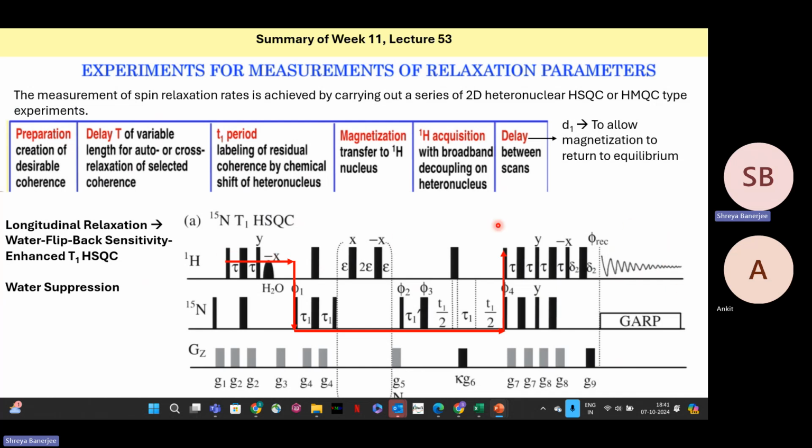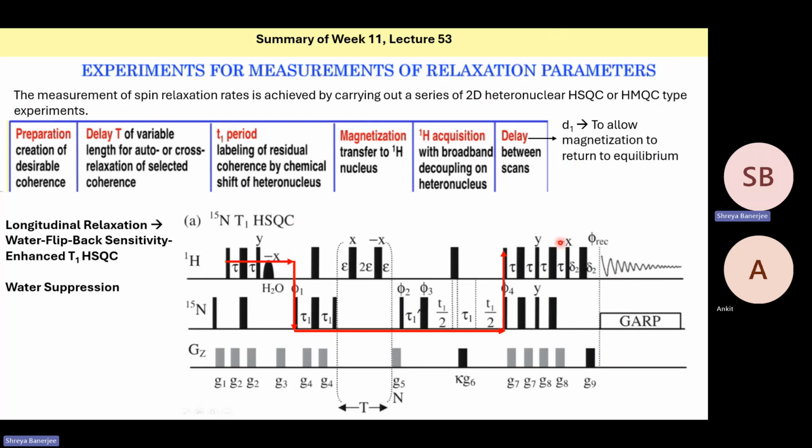And then between the first scan and the second scan, there is a certain delay which will allow the magnetization to return back to its initial state that it was at the beginning. So the delay has to be sufficient so that you allow the magnetization to return to its initial condition at the beginning of each pulse sequence.